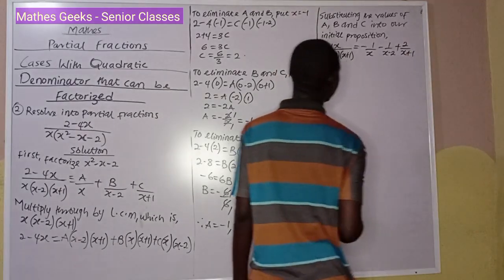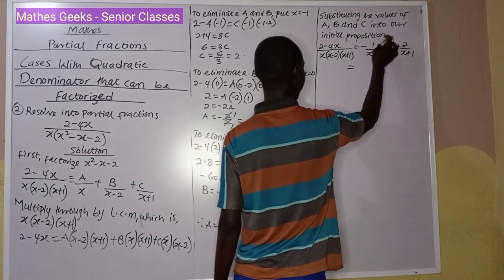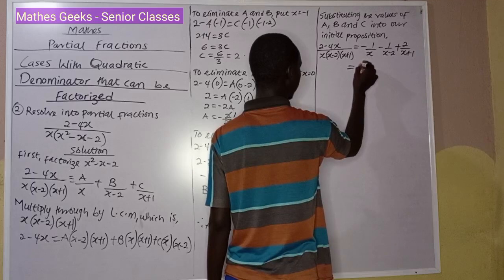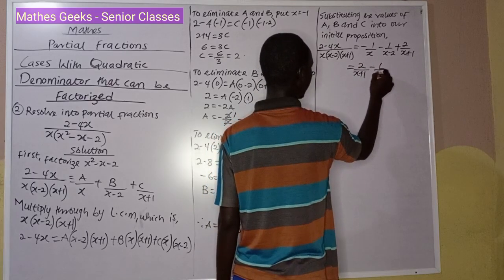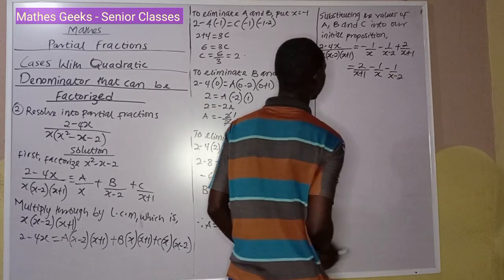So we can rewrite this part of the equation. Since this one is positive, I can make it come first: 2 over x plus 1 minus 1 over x minus 1 over x minus 2.